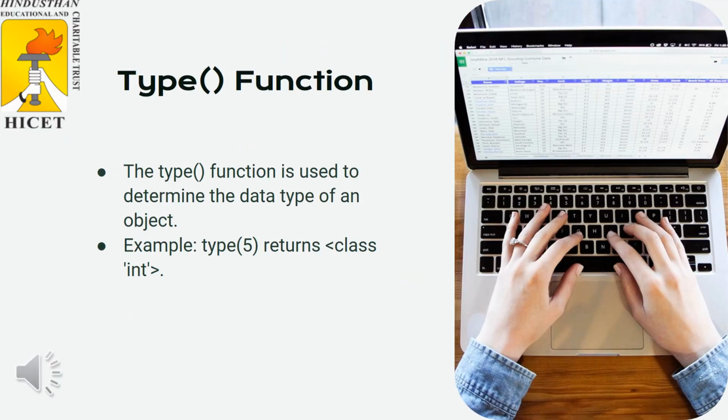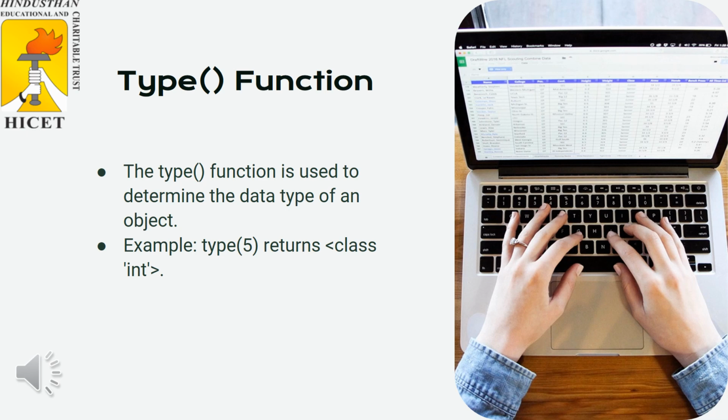At the starting itself we said that in Python we don't have to mention or declare any data type to initialize a variable, right? So even though we learned that a is equal to 10 is considered as an integer, we have to check whether the variable a is an integer or string, right? For that there is a function called type, and this function is used to determine the data type of an object.